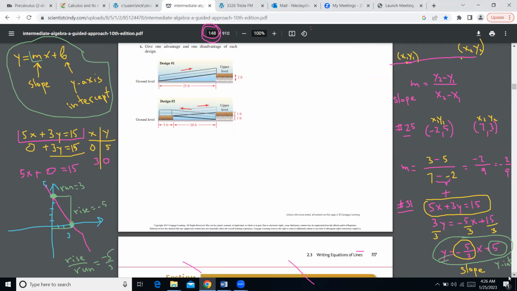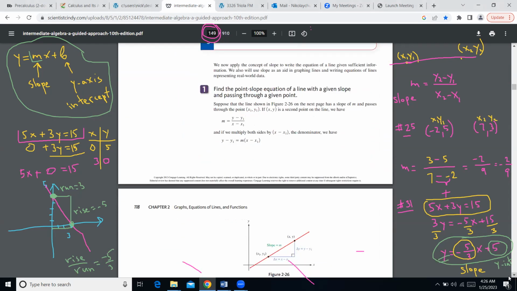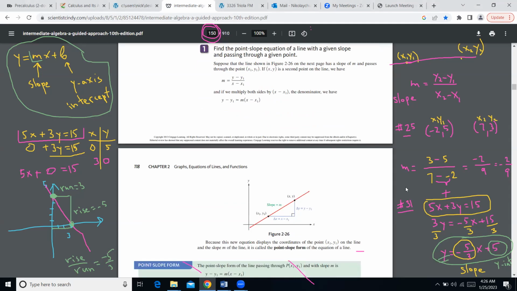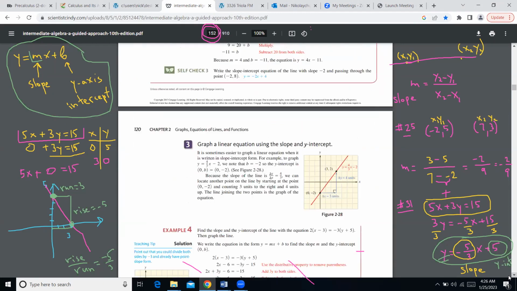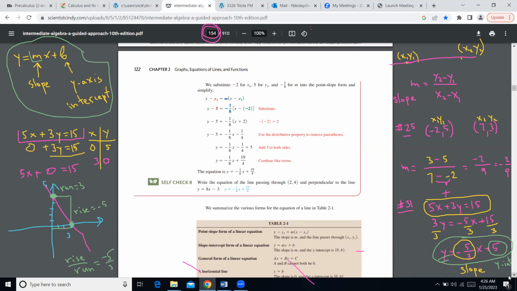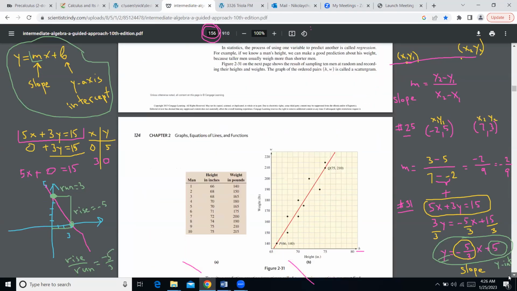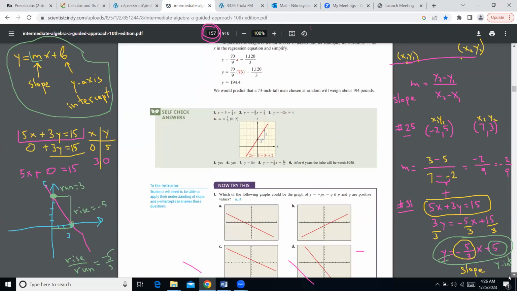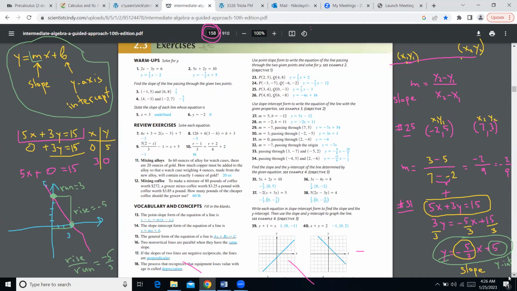So we could just move to section 2.3 and indeed get this checked out with the equation in the form mx plus b. So let me go here to see this. So, writing equations of lines. Here's the set of exercises.